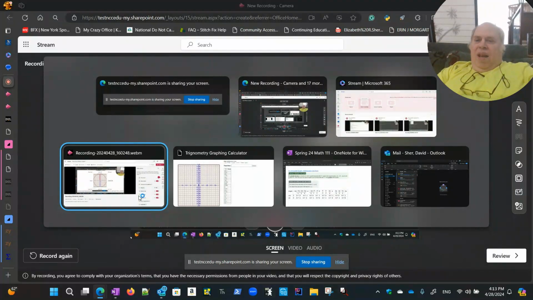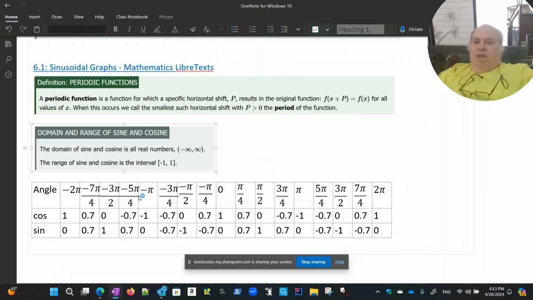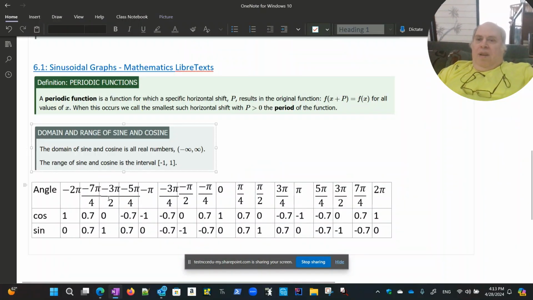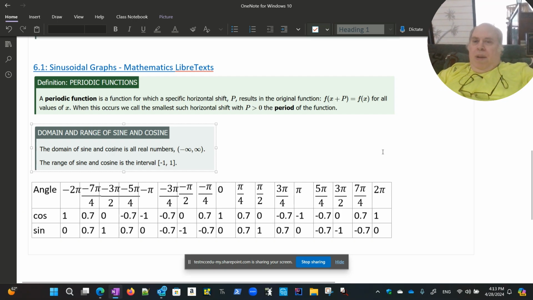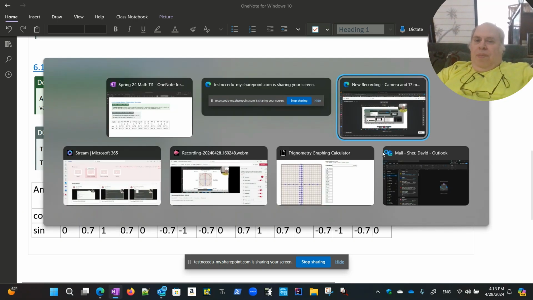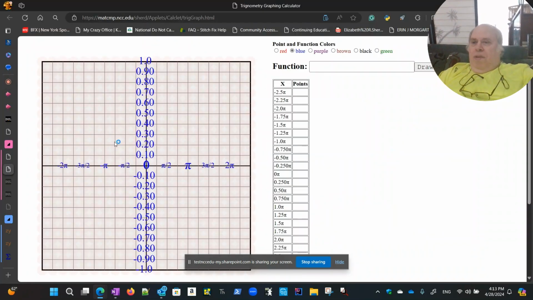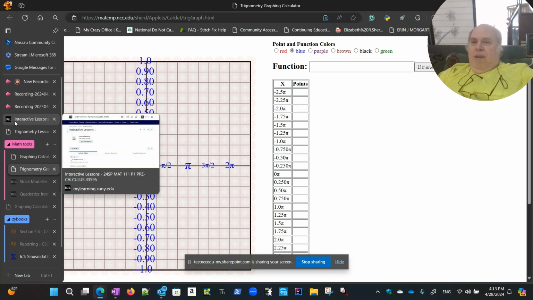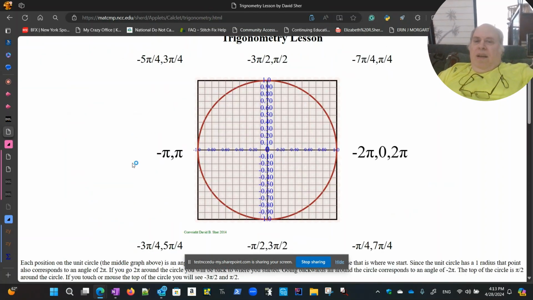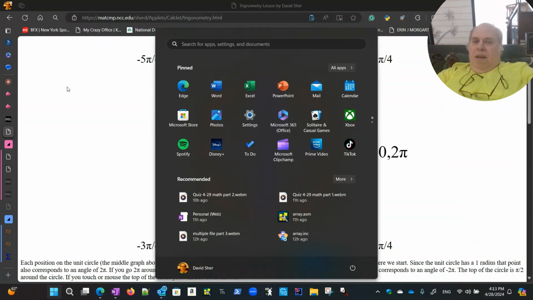Okay, so now what we're going to do is translate this table into graphs. Last lesson we made this table, but we're going to translate that, and that all comes from the unit circle. So let me put a picture of that also. We'll go back to the trigonometry lesson there. It all comes out of this guy, the unit circle.